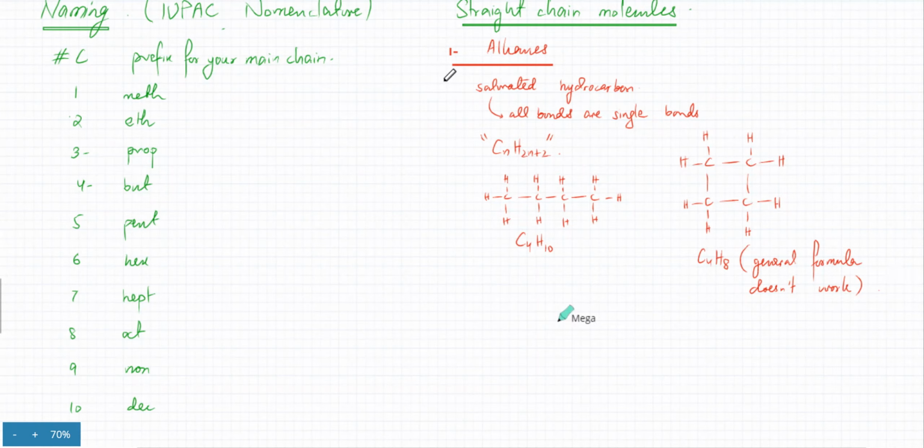This is an alkane. You know what an alkane is. The suffix for an alkane is going to be -ane. So if I have 4 carbon atoms, this one would be called butane. Or if it's a cyclic structure, it would be called cyclobutane. Well, it's still butane. It has 4 carbon atoms, but the carbon atoms are arranged in a cyclic manner, so it's cyclobutane.